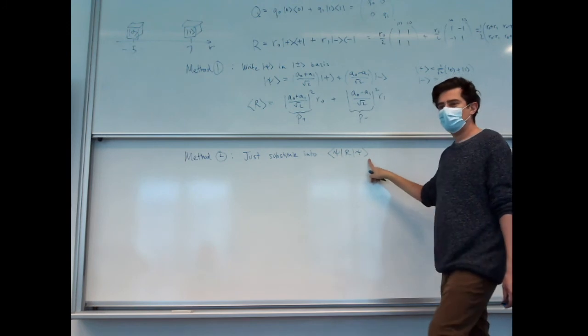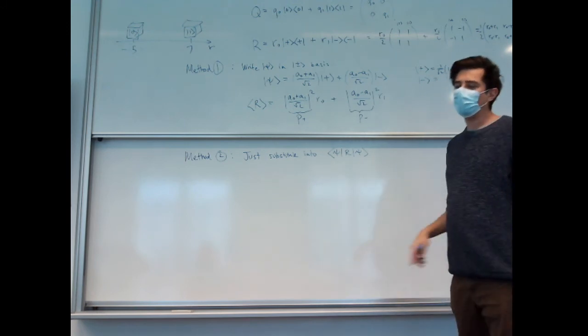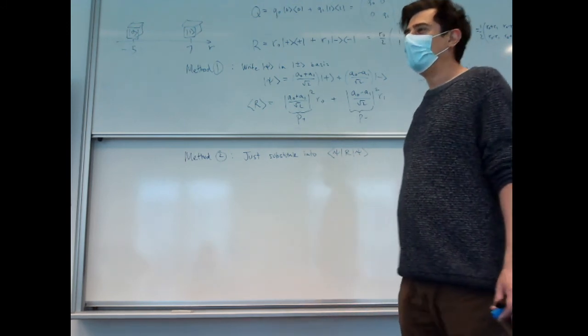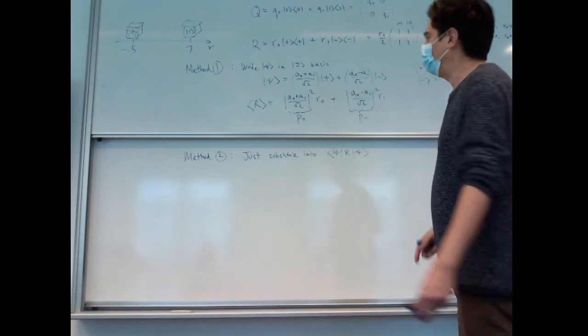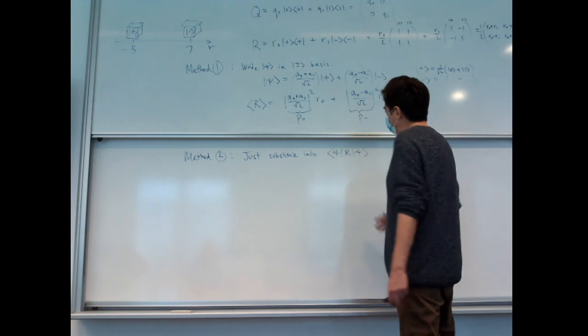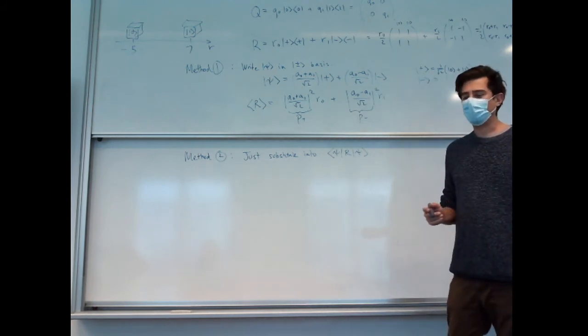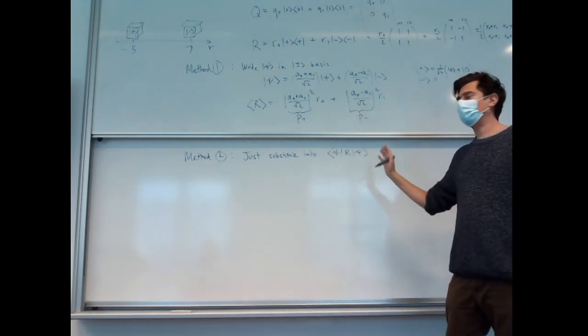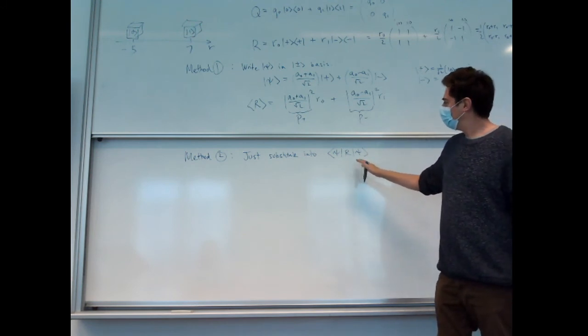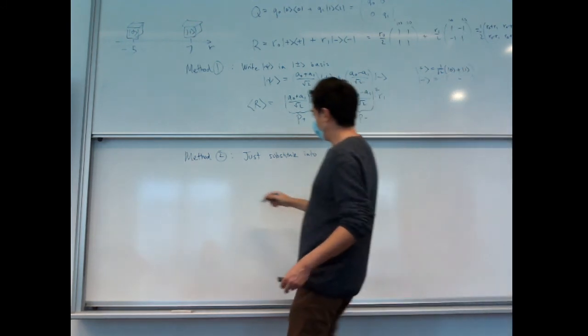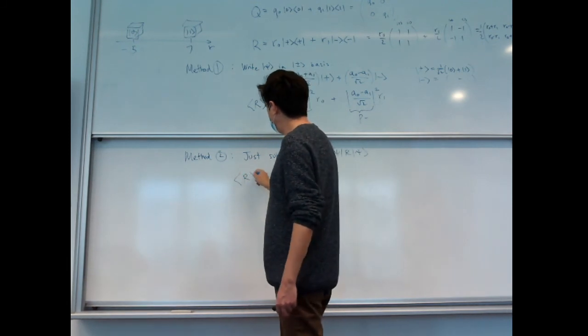In a way, this whole notation of why we're using bras and kets can be explained, because basically it's like, what's the average of R?